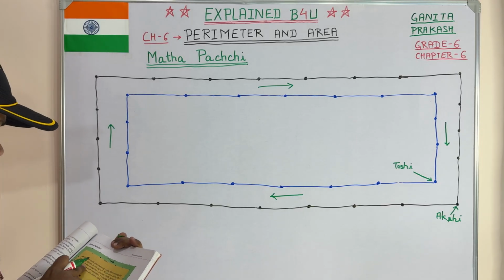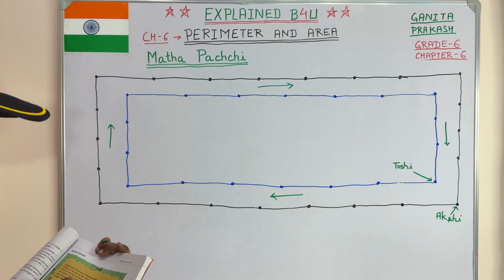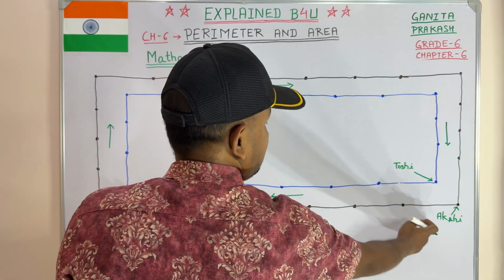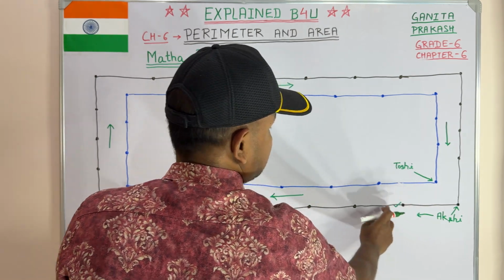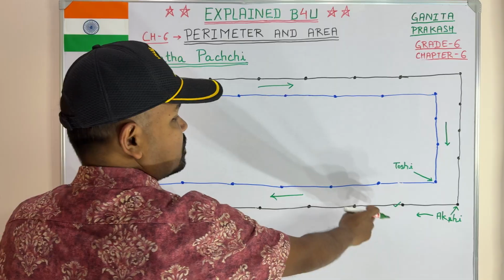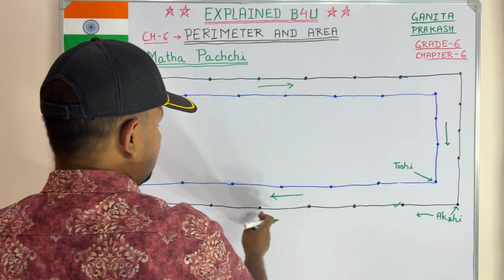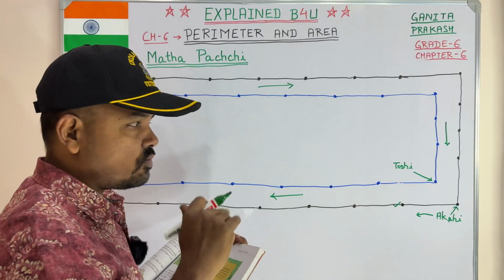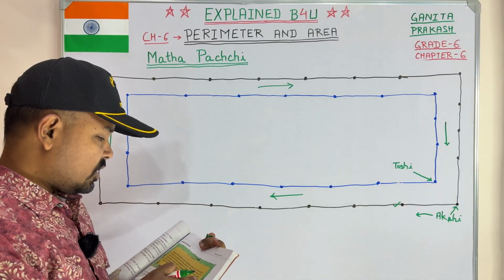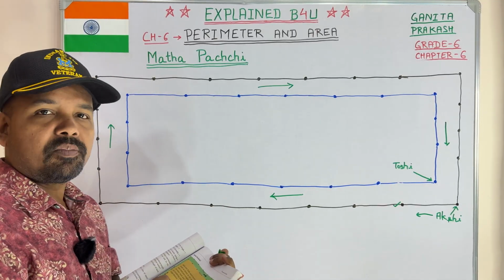Akshi runs along the outer track and completes 5 rounds. Akshi is running on the outer track, matlab this track. Outer track is this one, inner track is this one. So Akshi is running on the outer track and she completes 5 rounds. Okay. Toshi runs along the inner track and completes 7 rounds.